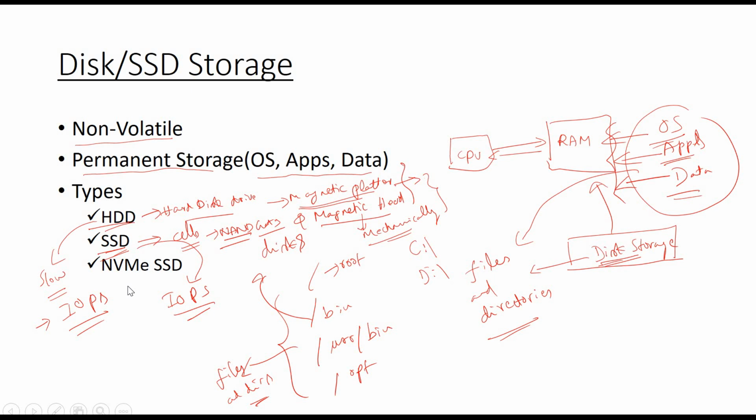The next one is NVMe SSD. This is an improved version which uses the NVMe protocol. Basically this is used for parallelism. If you have multiple cores, those cores will access the SSD in parallel by using this protocol. This will improve the speed of the IO operations and provide more IOPS when compared to HDD or SSD.